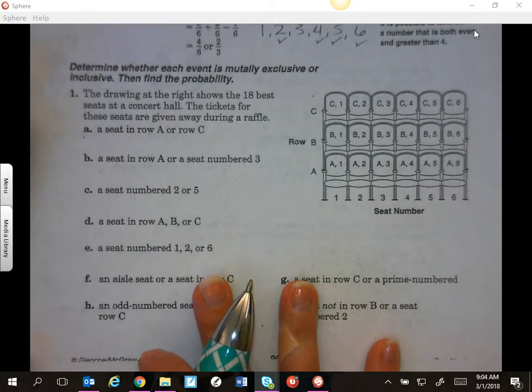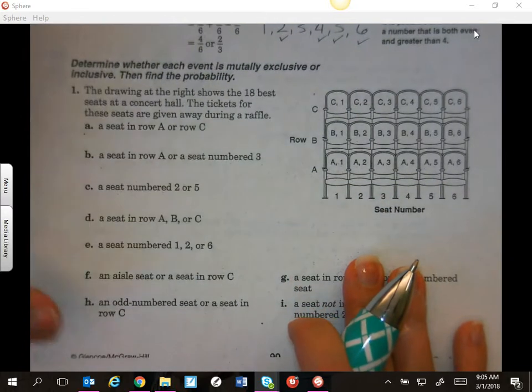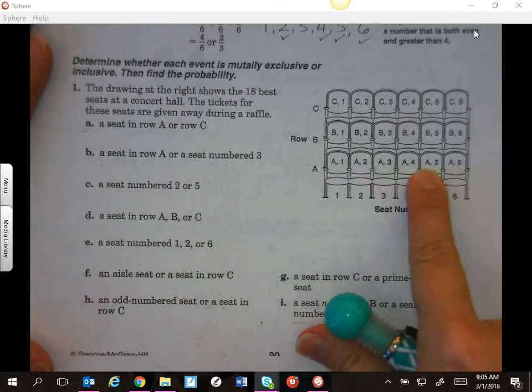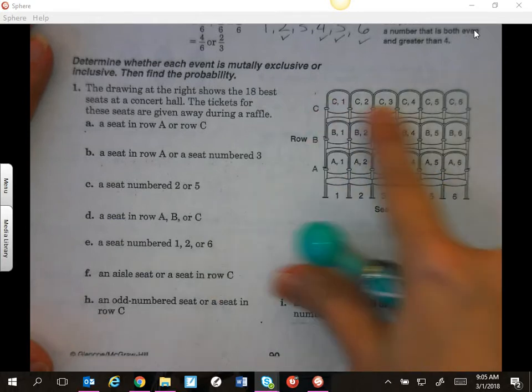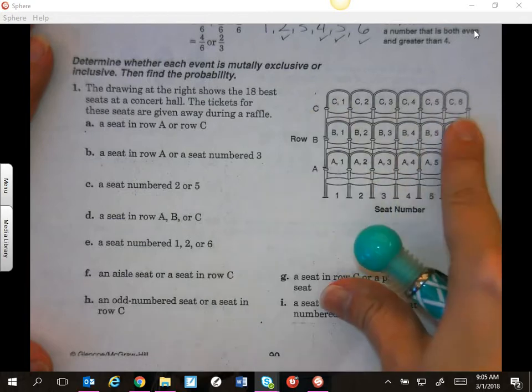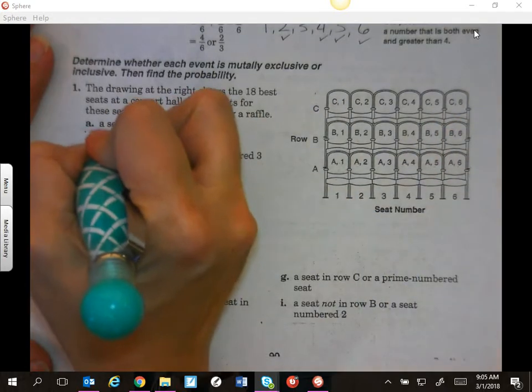So we're going to decide if it's inclusive or exclusive and then find the probability. So we're going to use these theater seats. 18 best seats in the concert hall. The tickets for the seats are given away in a raffle. A seat in row A or in row C. Now these are exclusive because you can't be in row A and row C at the same time.